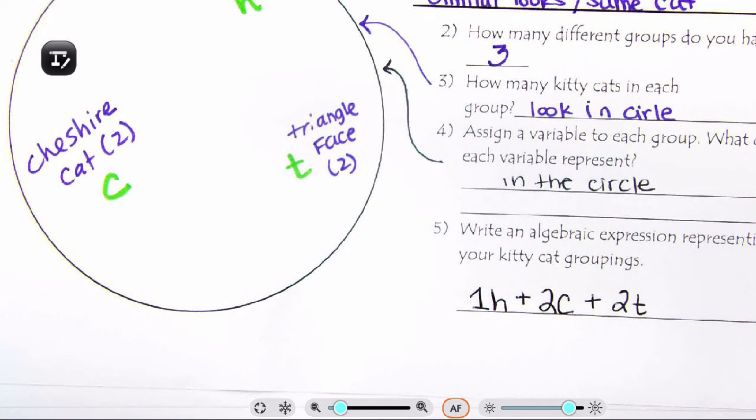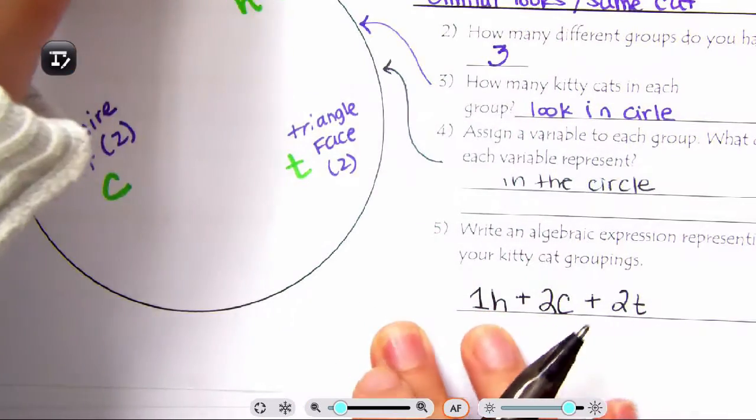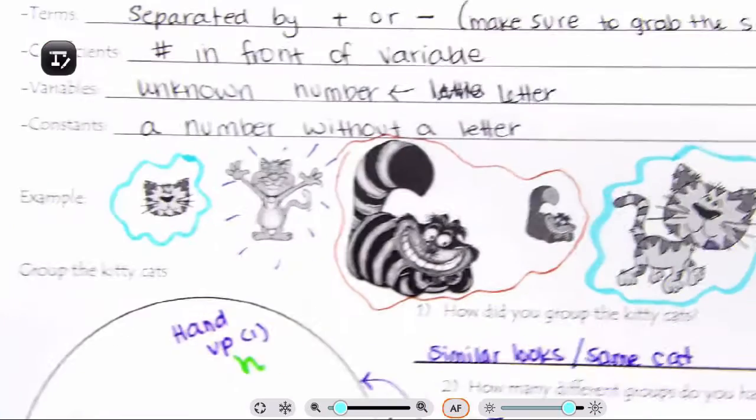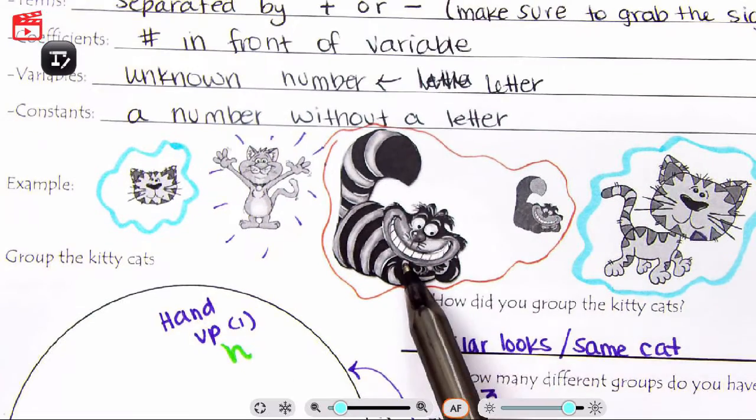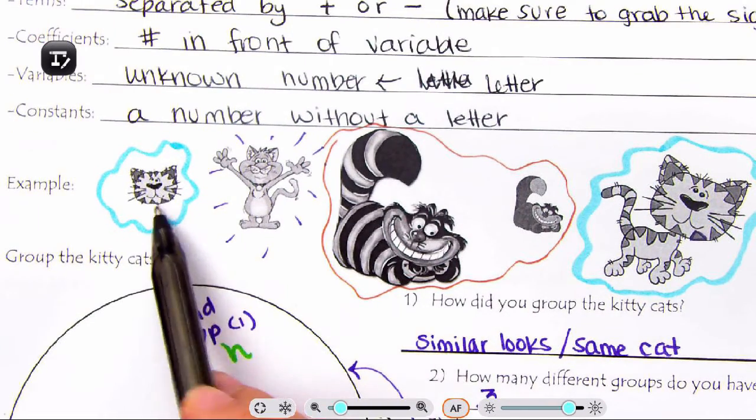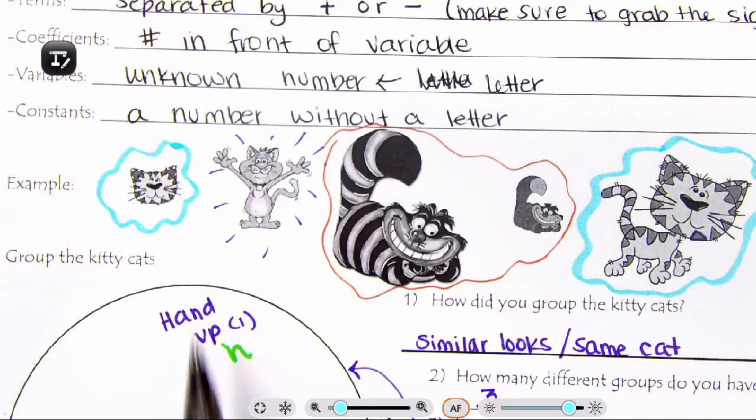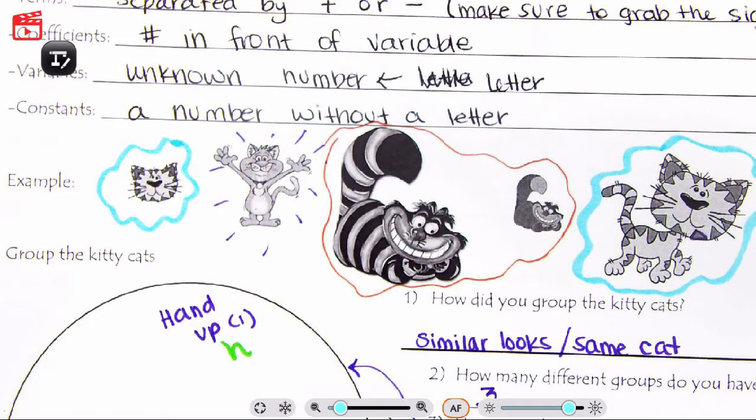Now I didn't have to group it this way. I could have grouped it by size. For example, if I wanted to say that these two kitties are big, these two kitties are small, and this guy again with his lonesome self is kind of middle. So you could have grouped it different ways, but this is how I chose to group it.